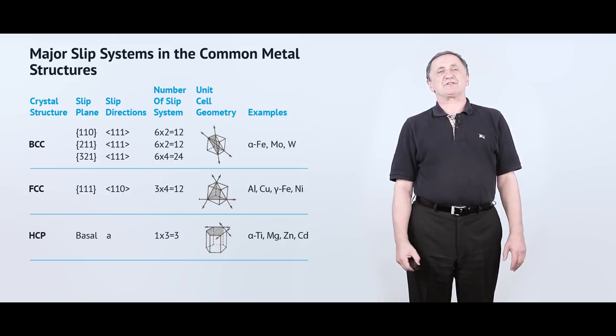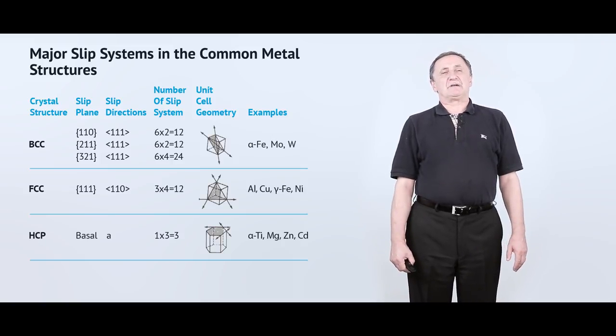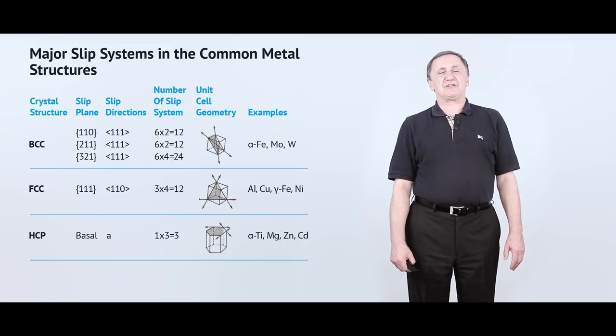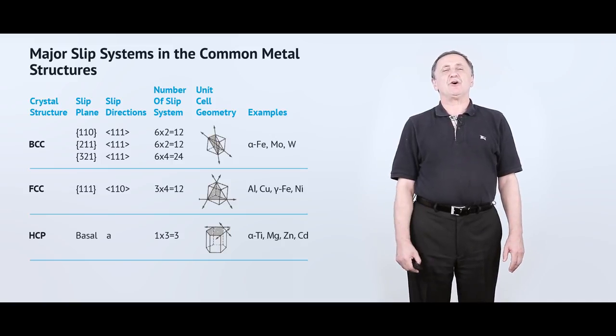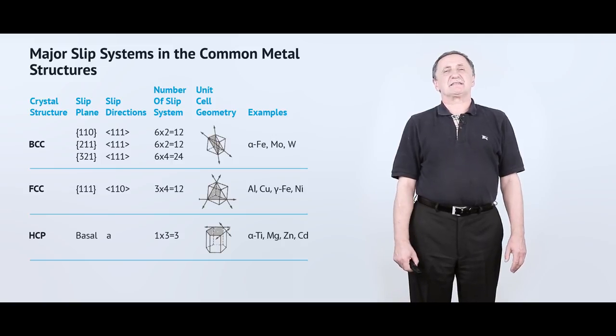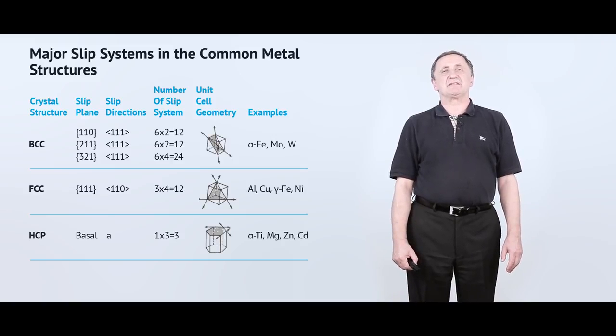While for the BCC system, we of course can expect that it's even harder for the edge dislocation to move along them. That's why we have to expect higher tensile strengths, higher sigma yields, as well as lower ductility, and molybdenum and tungsten demonstrate this type of property.